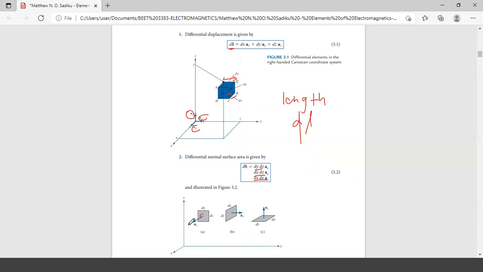The direction of x must be perpendicular or normal to the surface. So dy times dz in the direction of x, dx times dz in the direction of y, dy times dx in the direction of z.